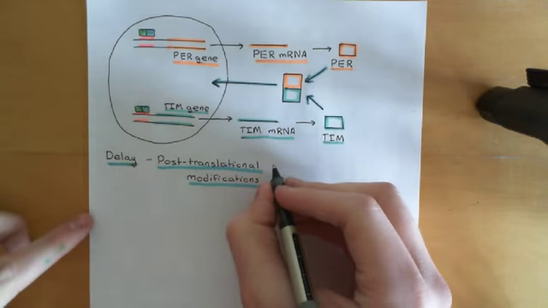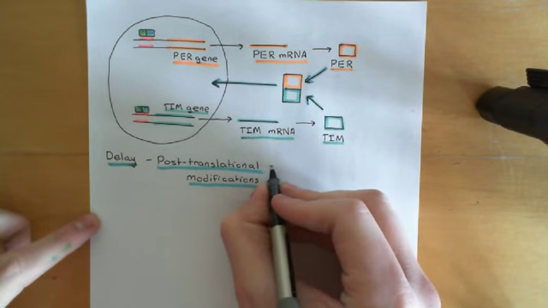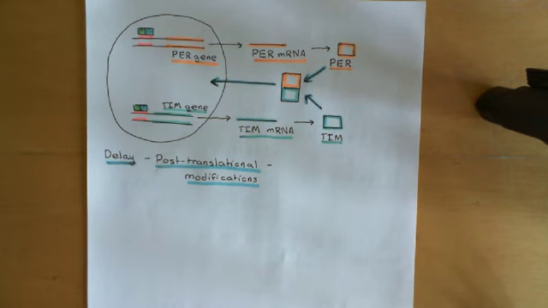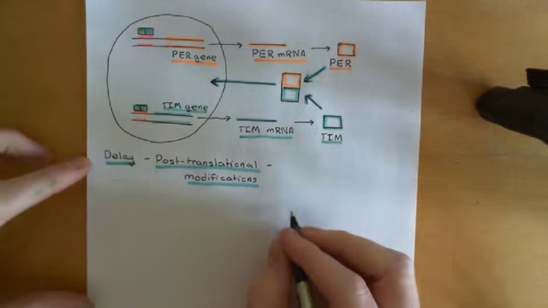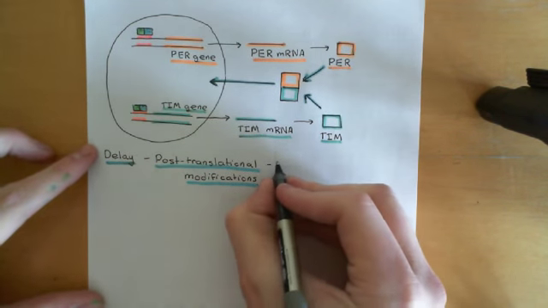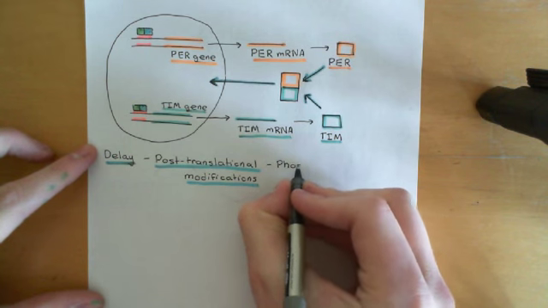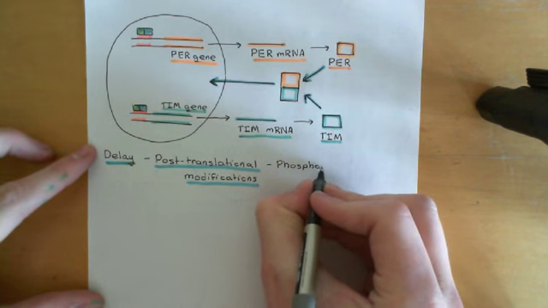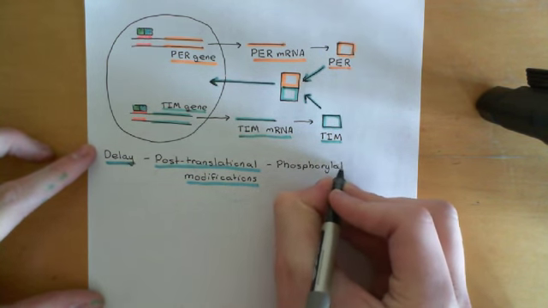Some important ones then. What we have seen big time is that phosphorylation seems to be a major post-translational modification. So phosphorylation is one of the major post-translational modifications that seems to need to be made.